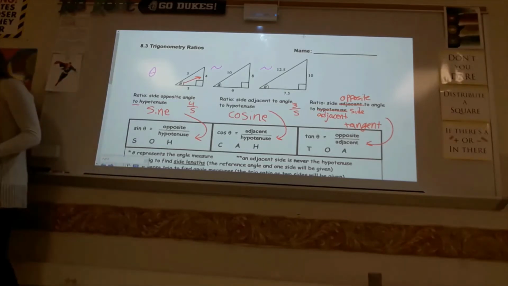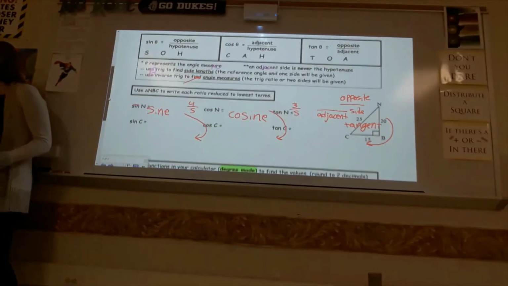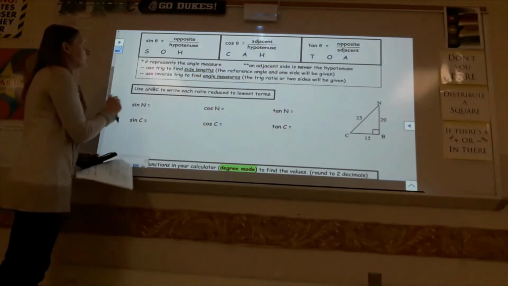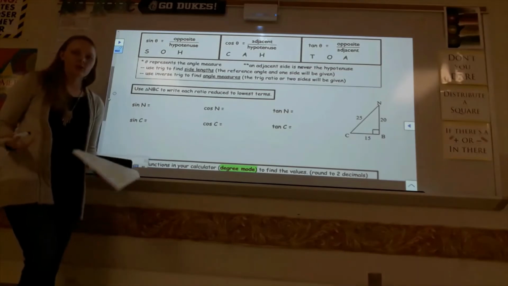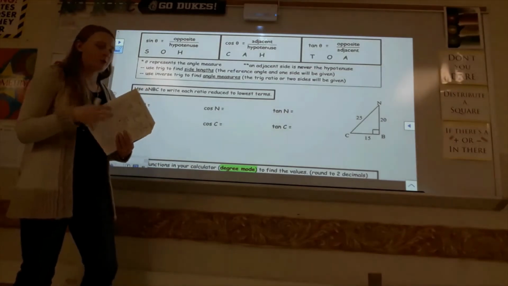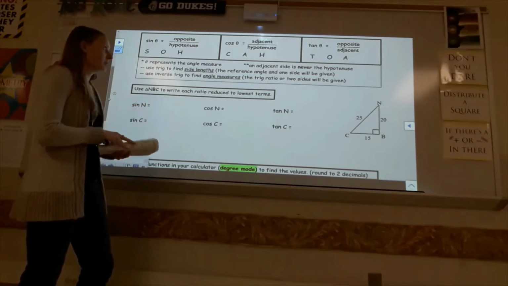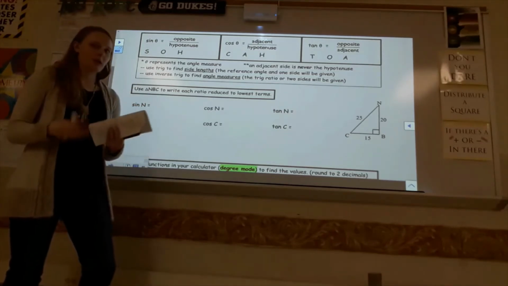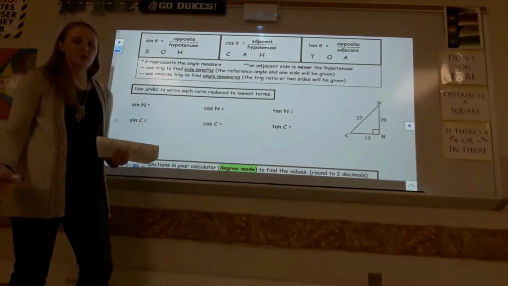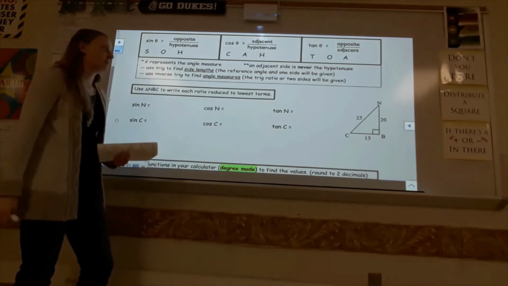Okay? So a couple of important details you guys need to pay attention to. Again, theta represents the angle measure. They will be giving you an angle measure, a physical number, when you guys are working with sine and cosine, or they'll tell you the angle name, like angle A or angle B or something. So you won't often see that theta symbol, but that's what they use when it's abstract and you don't actually have that information.